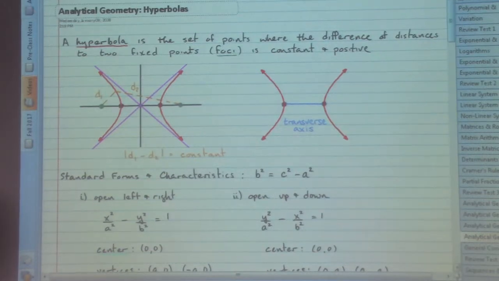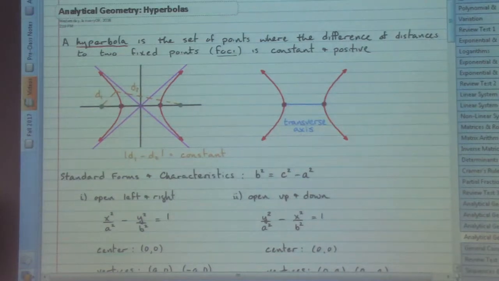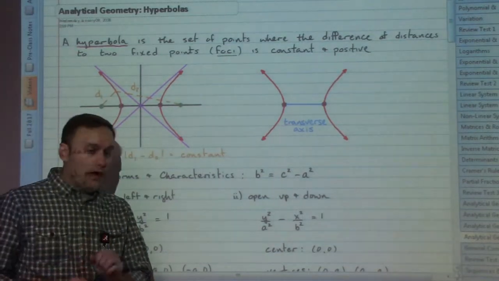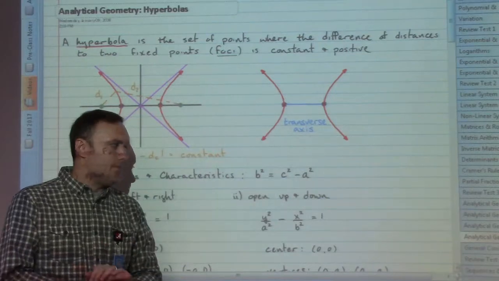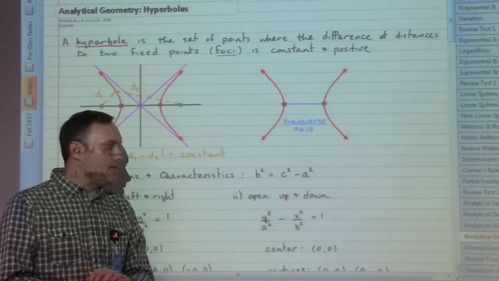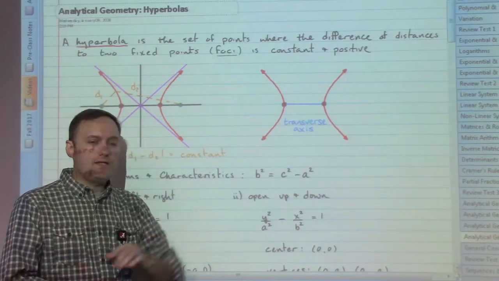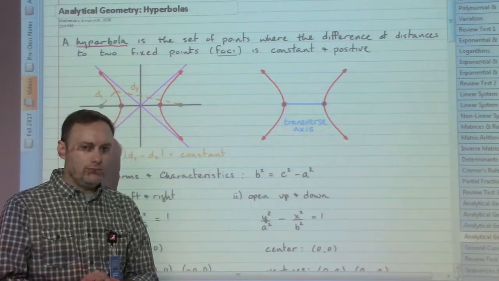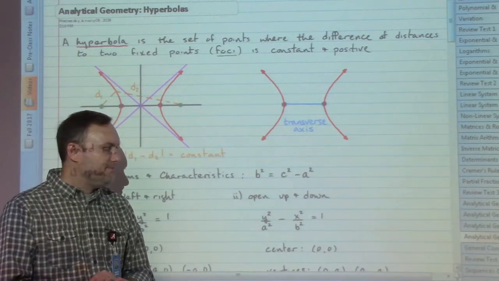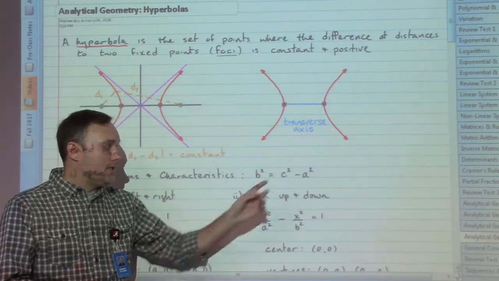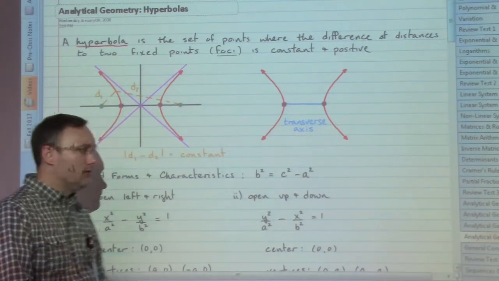Now, with some differences and some similarities, we want to make sure we don't get confused about things. So, what's different? What's the same? One of the things that's different is the relationship between the a's, b's, and c's. In the hyperbola, b squared is equal to c squared minus a squared. Not the other way around anymore. So now it's the c squared that's bigger.